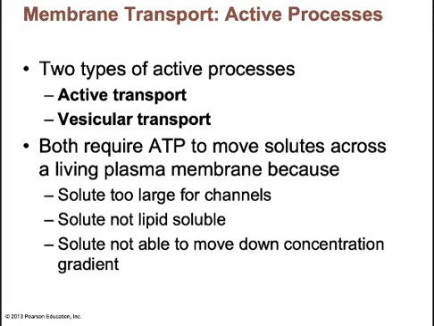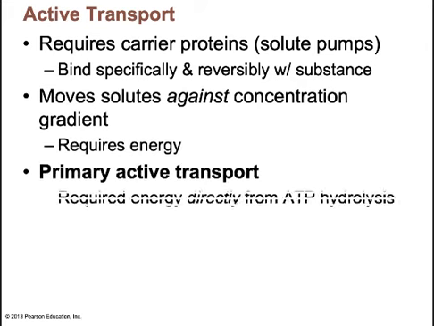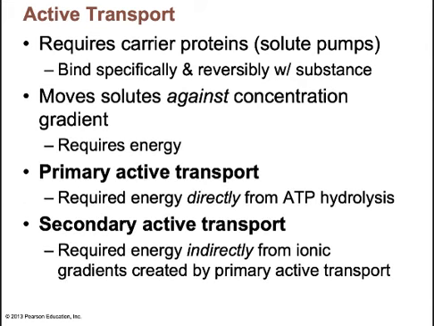And this moves material that is polar or charged across the lipid bilayer, either into or out of the cell, using either ATP directly or indirectly in the form of a gradient set up by primary active transport. Active transport is going to require carrier proteins in order to function.